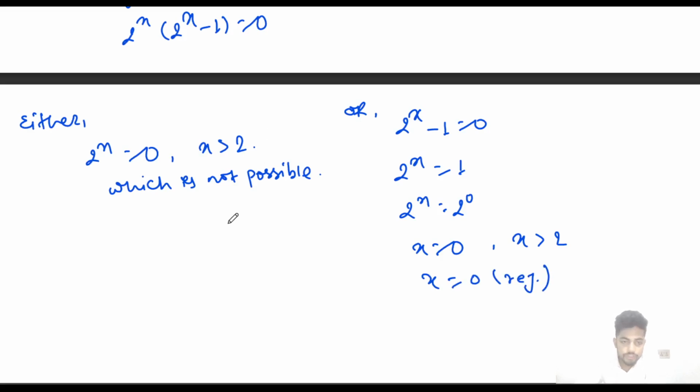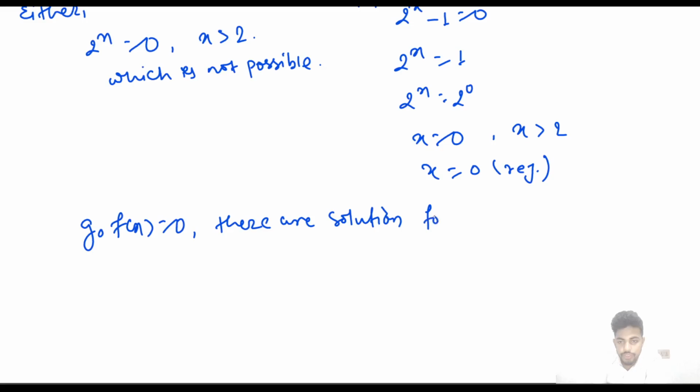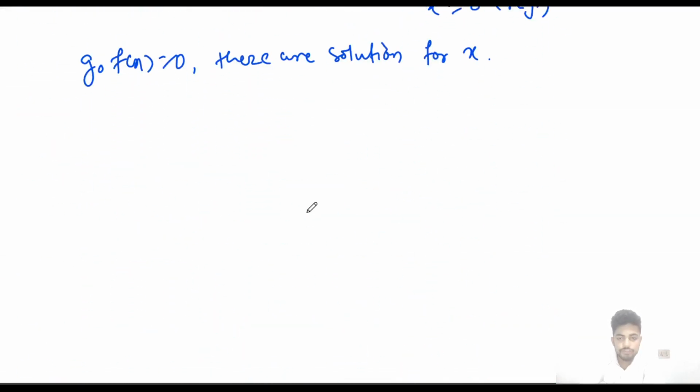We can conclude that for g of f(x) equal to 0, there are no solutions for x, because we have restricted its domain to x greater than 2. This one was again for 4 marks.